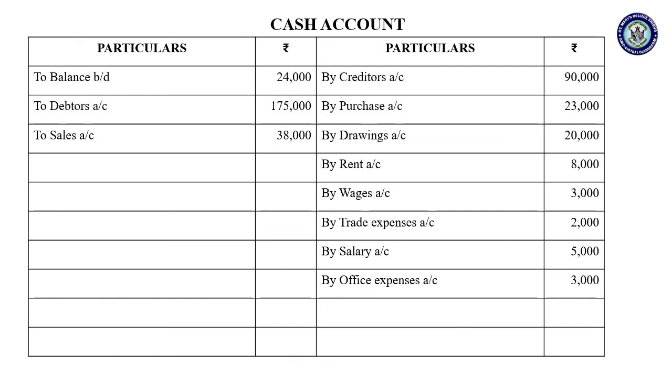Now you have to find the closing balance, because they have given the opening balance but they have not given the closing balance. So my balancing figure will be by balance carried down, because we don't know the closing balance.